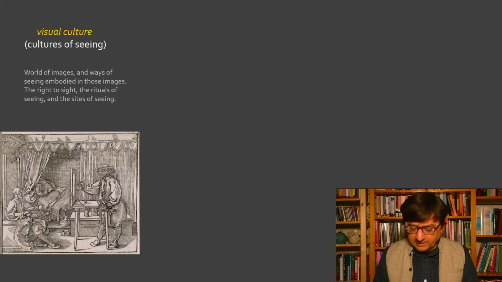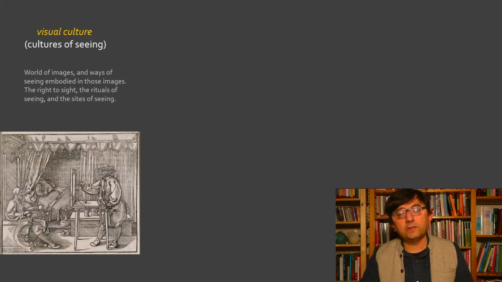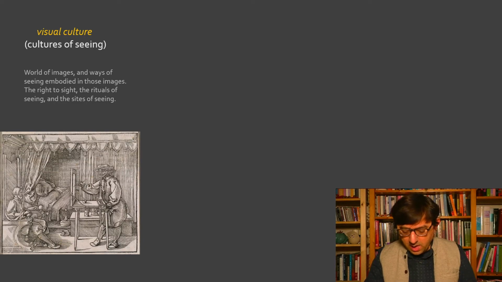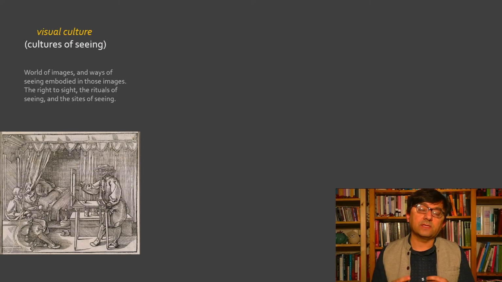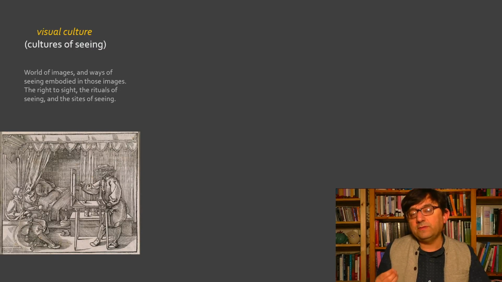So apart from the category of art, what research fields should we be tapping into? And the first is visual culture. We can call this cultures of seeing. This is the world of images, the ways of seeing that are very specific to each culture, and the ways of seeing that are embodied in the image making process, right?